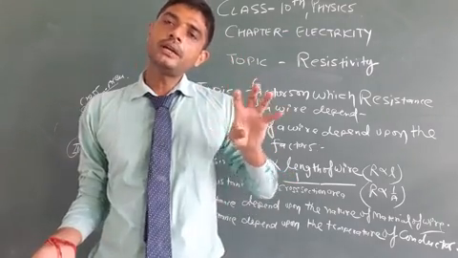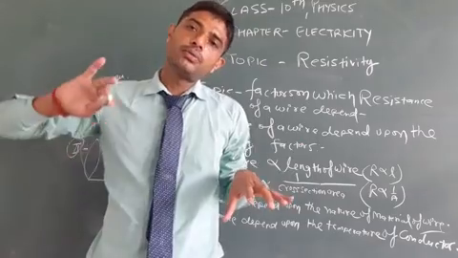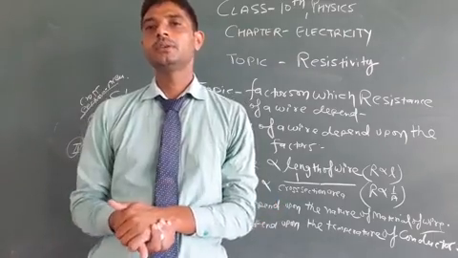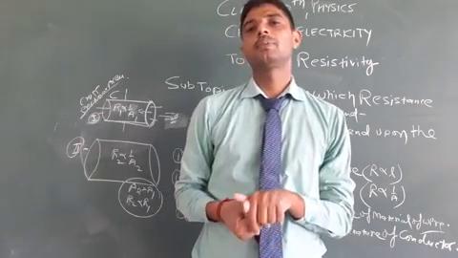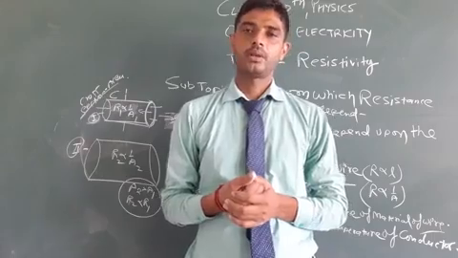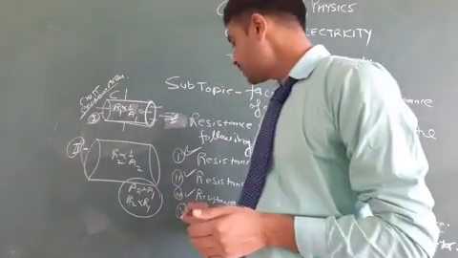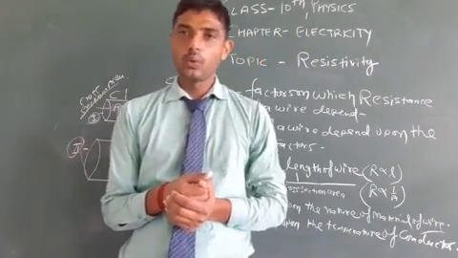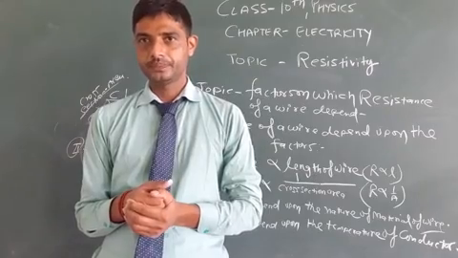For a copper wire, the resistance is low, but for a nichrome wire, it is high. It means the resistance also depends upon nature. Now the fourth point, the resistance of a wire also depends upon temperature.